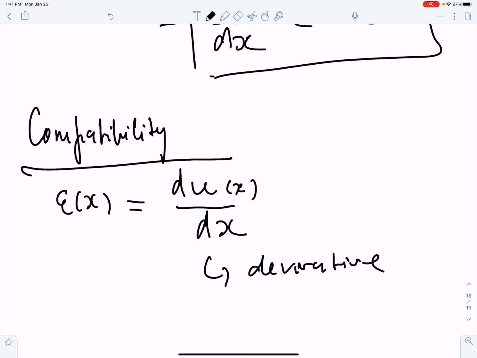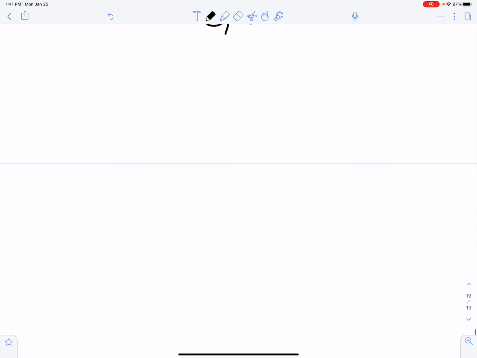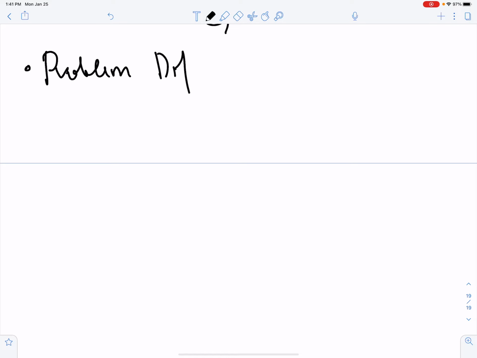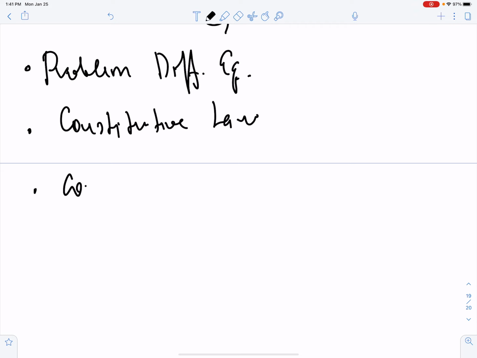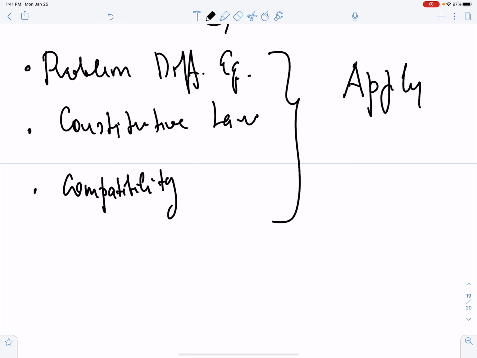Okay, all right. So now let's put everything together. So take the problem differential equation, which is written in terms of N. Let's take the constitutive law, and let's take compatibility. Okay, and let's apply them all together.